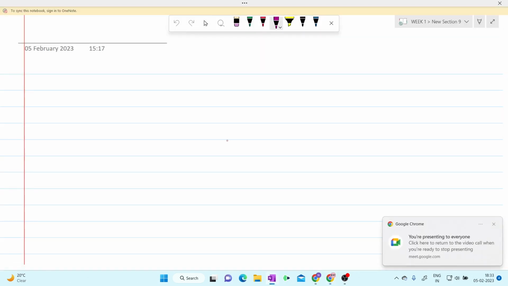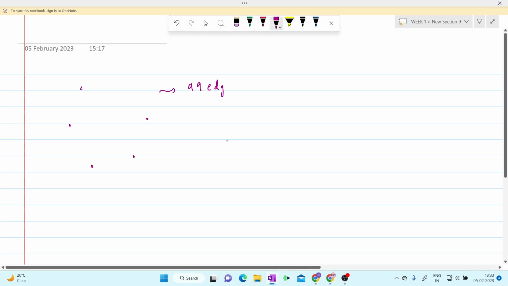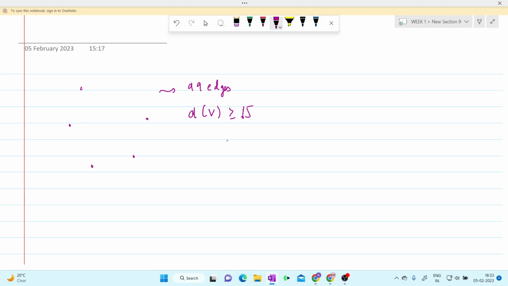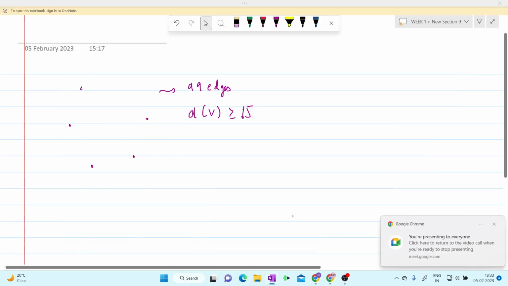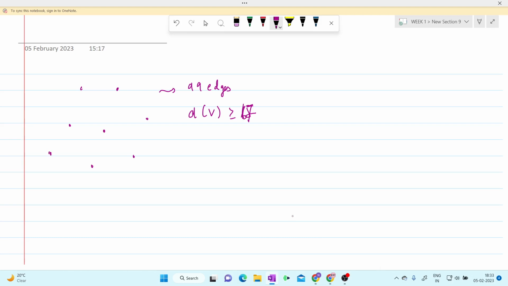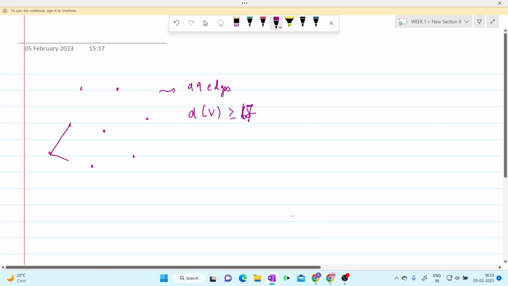So basically you have a graph with 99 vertices, and the degree of each vertex is greater than or equal to 67. Then they are saying that there are at least four vertices such that everyone knows each other.